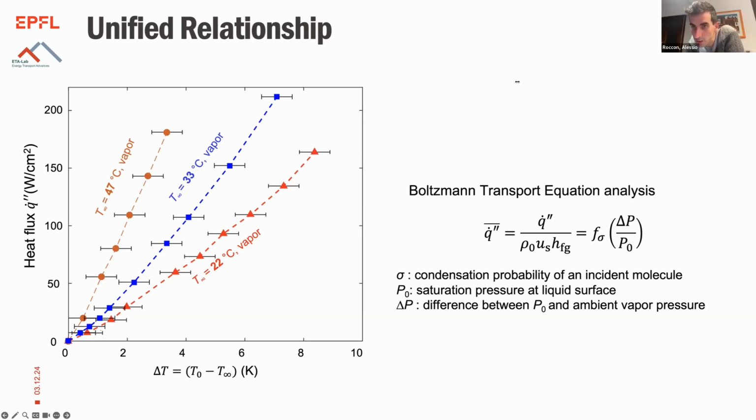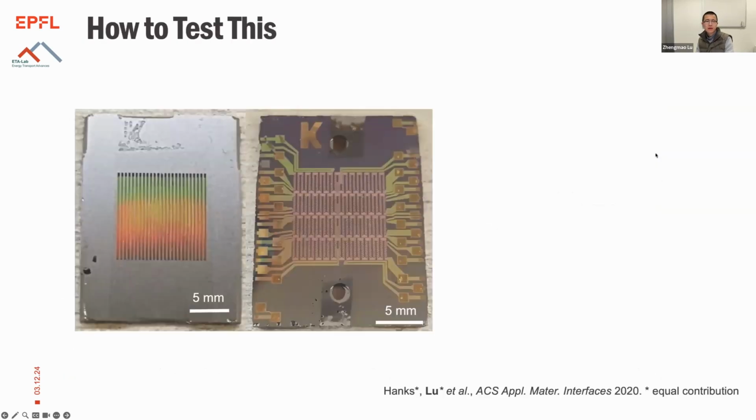How do you make sure there is no boiling happening at such high heat fluxes? Yeah, the answer is the liquid is pressurized from underneath the membrane.